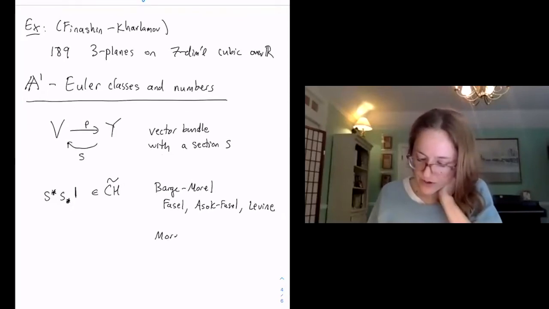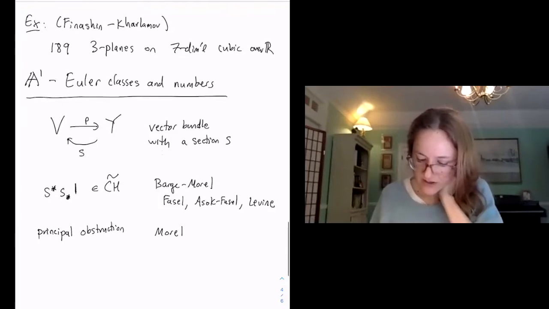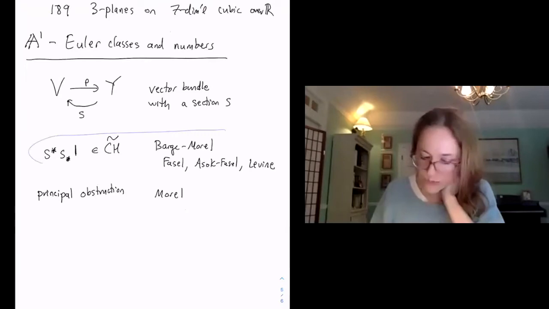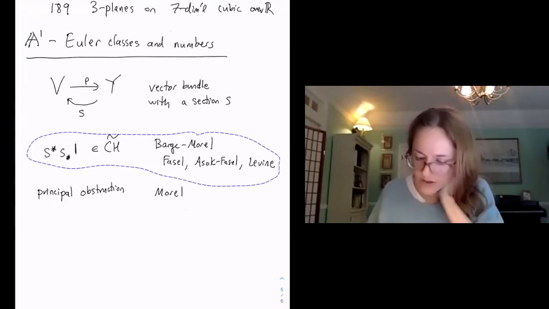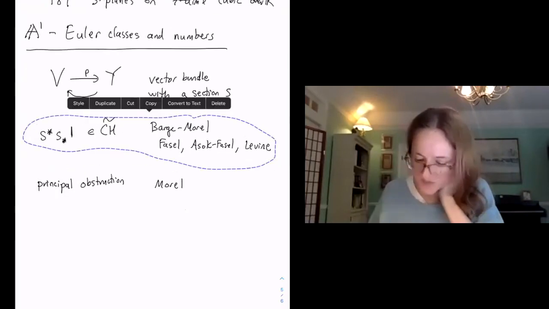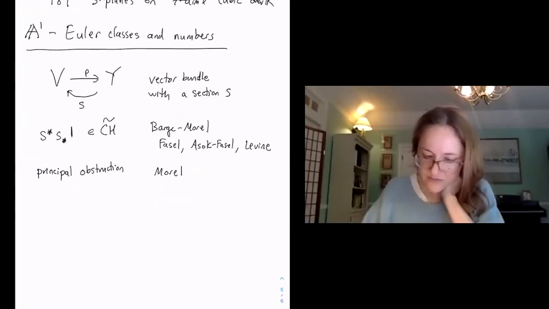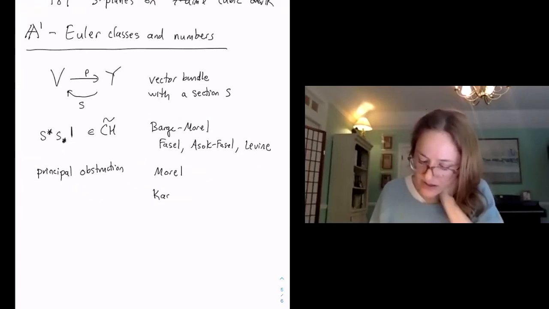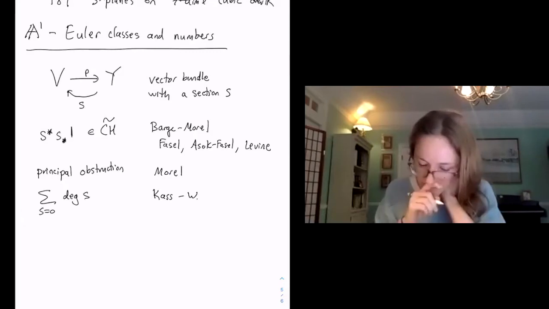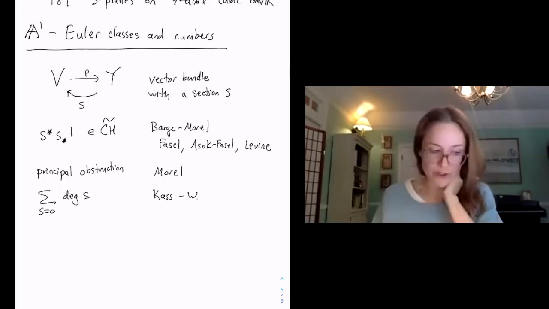Another description of the Euler class is that it's a principal obstruction to having a non-vanishing section. In A1 algebraic topology over a field, Morel develops an Euler class encoding that principal obstruction. In joint work with Jesse Cass, we made an Euler class designed for enumerative problems that was the sum of the degrees over the zeros of S of local degrees of S. This is an Euler number.